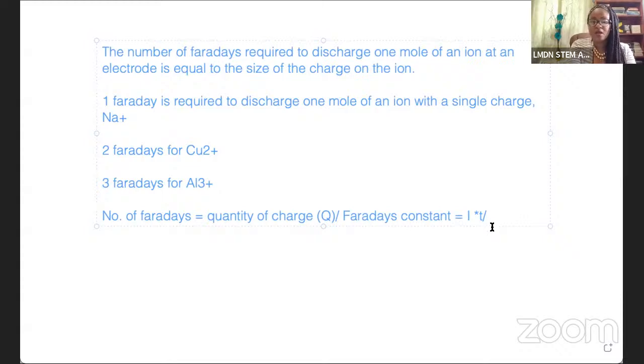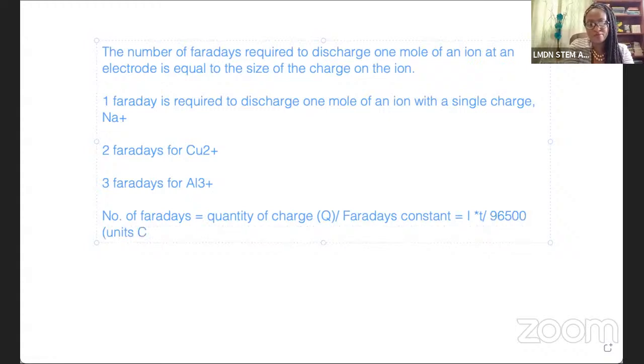So then the number of Faradays would be equal to I times T, because that's Q, divided by 96,500, because that's Faraday's constant. And the units of Faraday's constant are what again, guys?